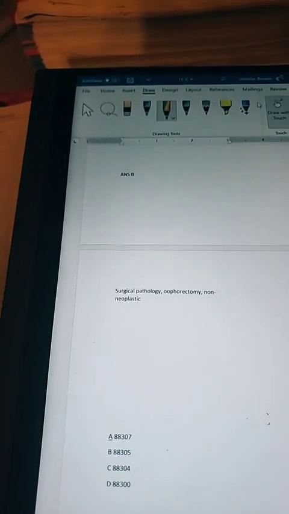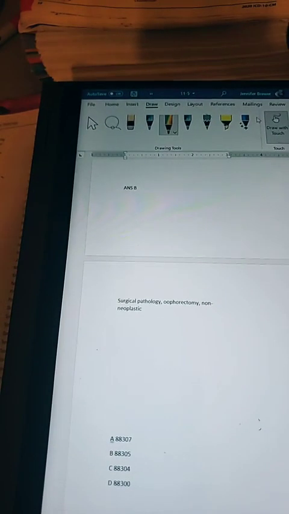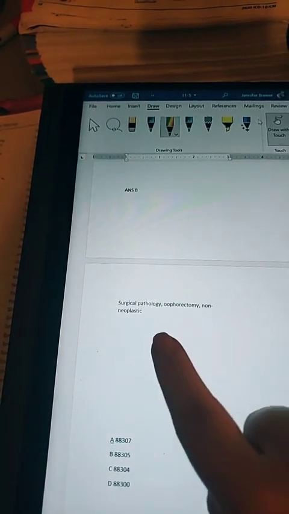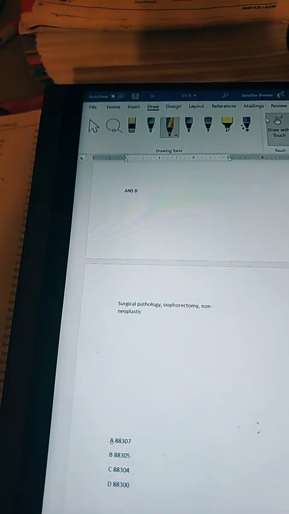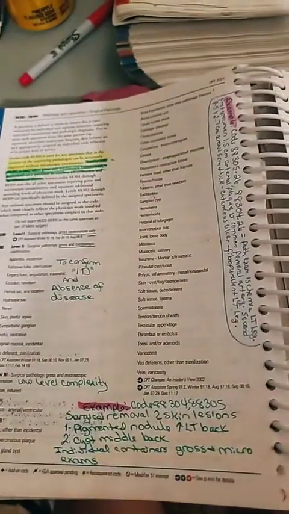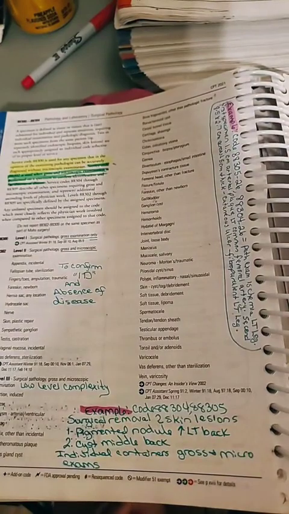Would it be the 07, 05, 04, or even the 00? Surgical pathology of an oophorectomy. What would y'all code it as? Which one has that body part listed?